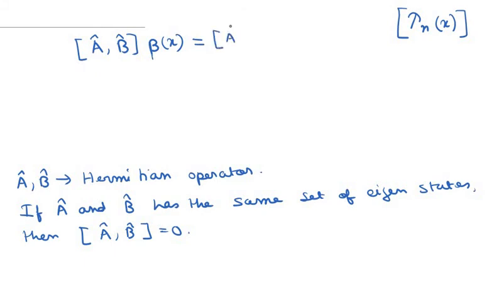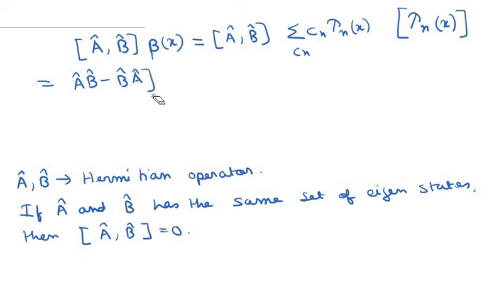So we have the commutator of a, b acting on the summation over n of Cn lambda n x, where Cn is a constant. These are round brackets, not the commutator, so I will just omit this. We now write the commutator relation, AB minus BA, acting on this set Cn lambda n x.